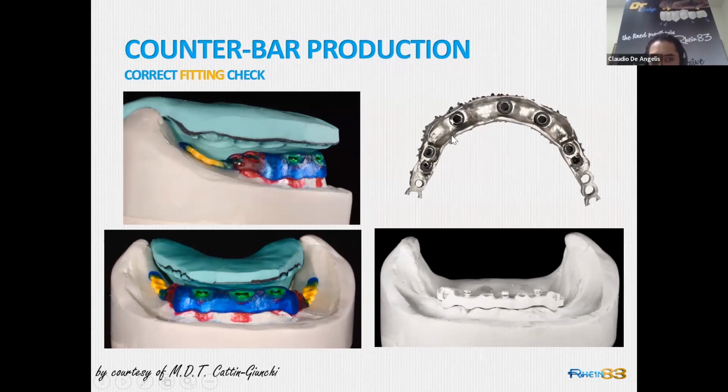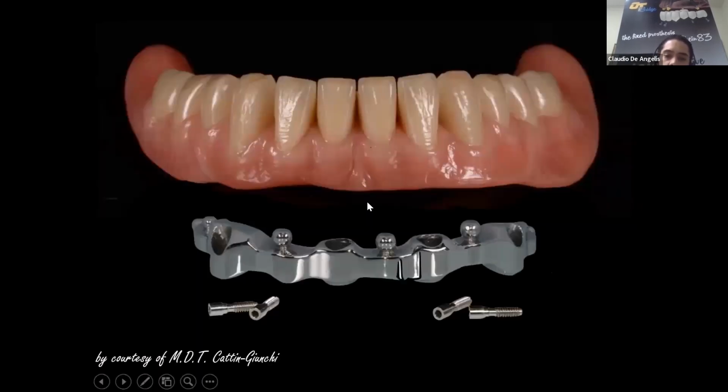The fitting check between the bar and the counterbar. On top of the bar, there is some white spray to investigate the pre-contacts, okay? And so they check the fitting between the bar and the counterbar. And after that, they produce the aesthetic coverage.